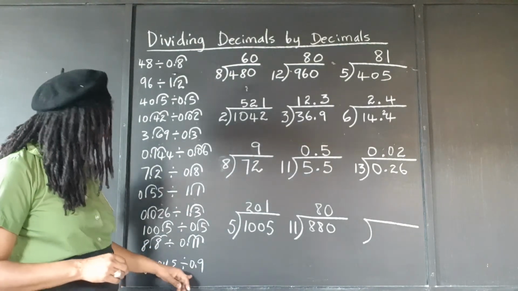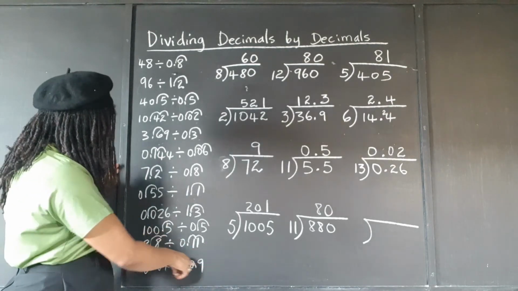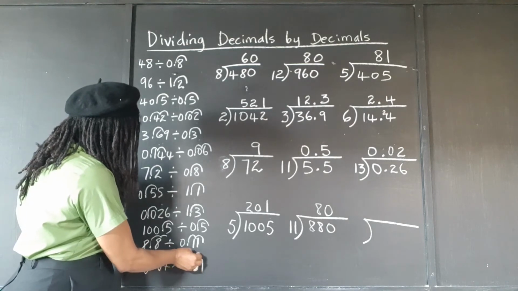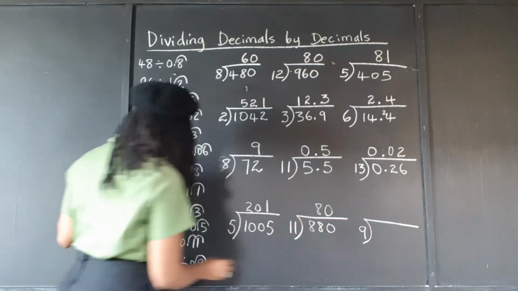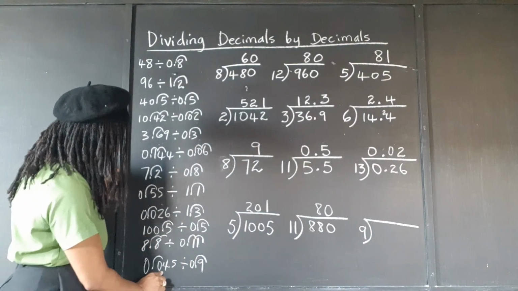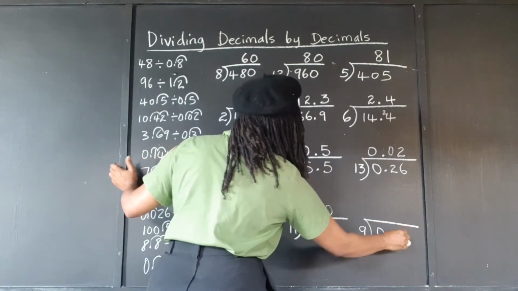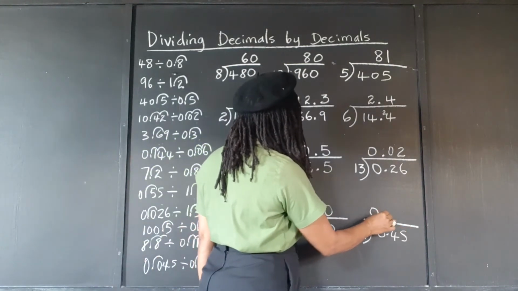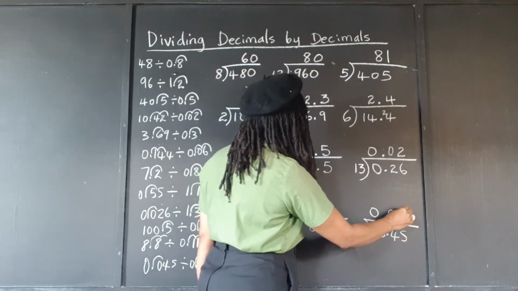0.045 divided by 0.9. We have one decimal place in our divisor. So we move one place to the right, that becomes 9. One place to the right here, we're going to put the decimal between the 0 and the 4. 9 into 0, 0. 9 into 4 is also 0, and 9 into 45, 5.